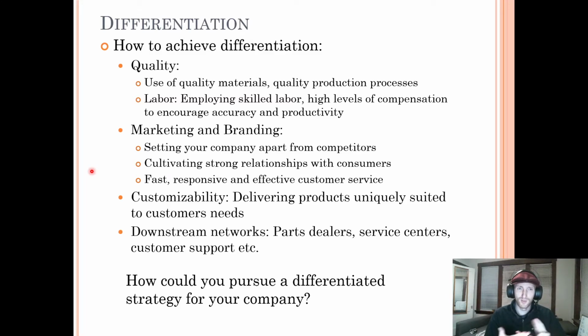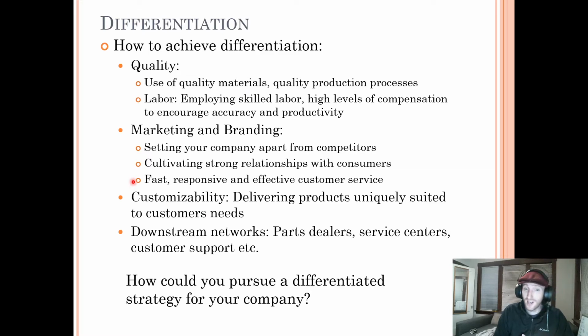A lot of times there's marketing and branding involved. Right? So think of Nike. There's a lot of marketing, a lot of branding that goes into creating this aura around their brand and setting yourself apart from competitors. Okay? And think of other things too, like brands like Gucci, Louis Vuitton, all that stuff. All right? So not only are you setting your company apart, you are maybe cultivating strong relationships with consumers, and maybe you engage in fast and prompt customer service or something like that.